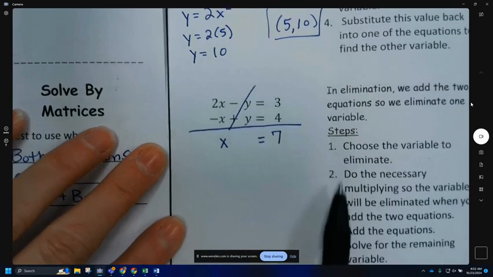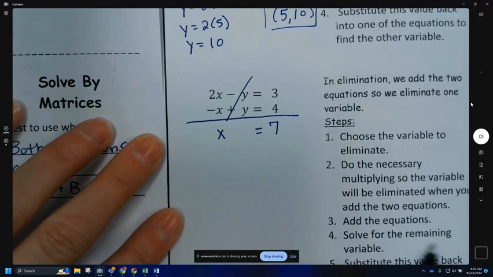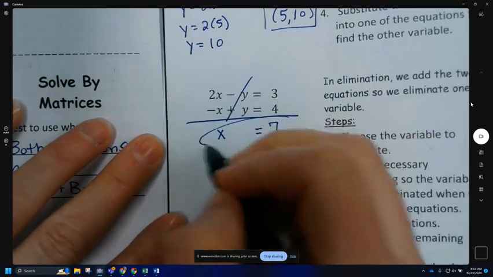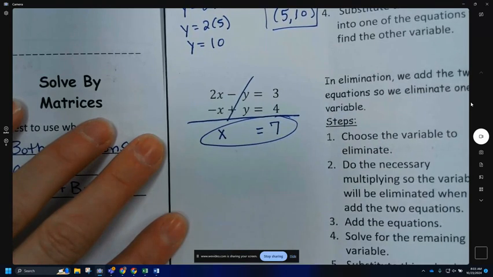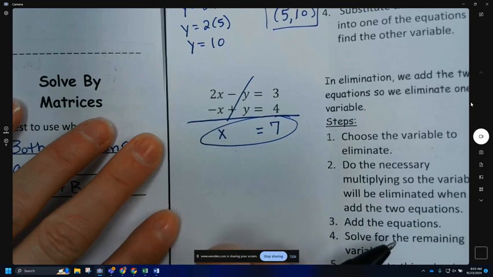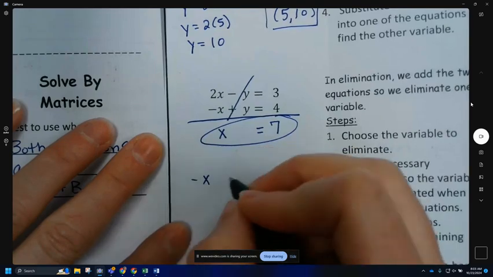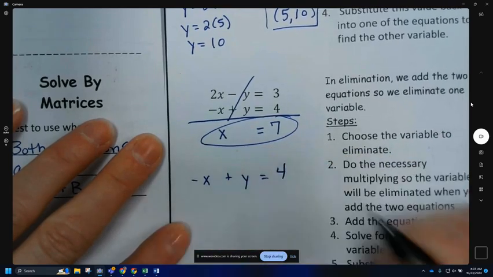Then, add the equations and solve for the remaining variable, which I already did. Substitute this variable back into one of the equations and solve for the other variable. We would decide which one would be easier to solve for. I would say this one: negative x plus y equals 4.